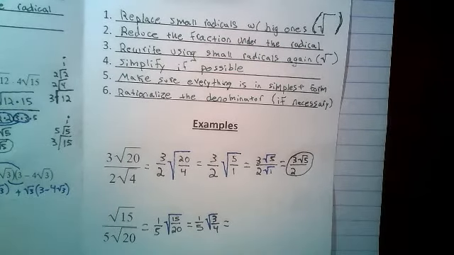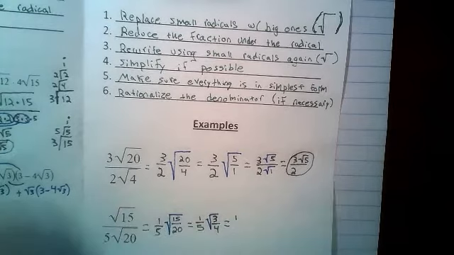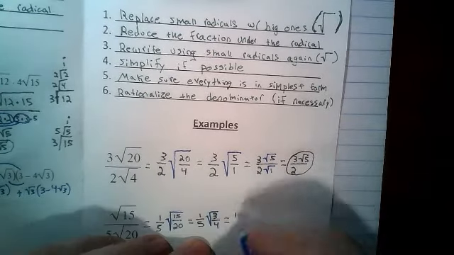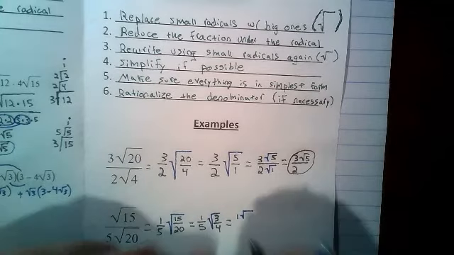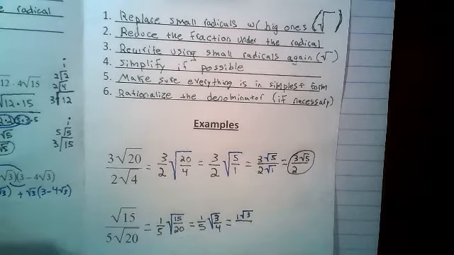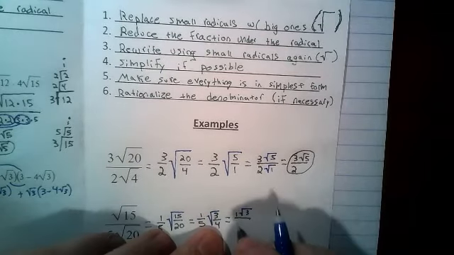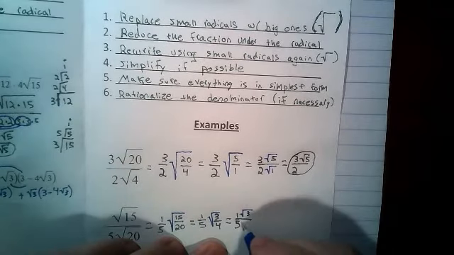Step 3 says to rewrite using the small radicals again. So on the top I've got 1 and then the square root of 3. At the bottom I've got 5 times the square root of 4.